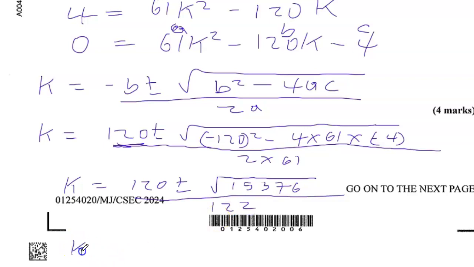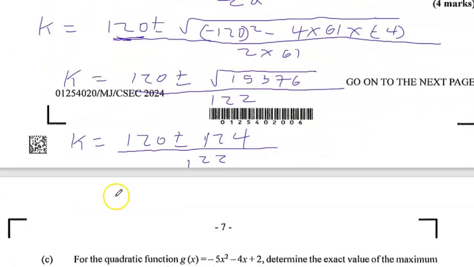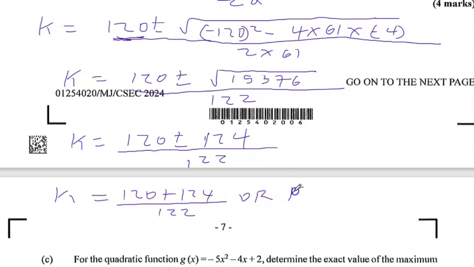So therefore k is equal to 120 plus or minus the square root of 15,376, that's 124, over 122, which means that k is equal to 120 plus 124 over 122, or k is equal to 120 minus 124 over 122.